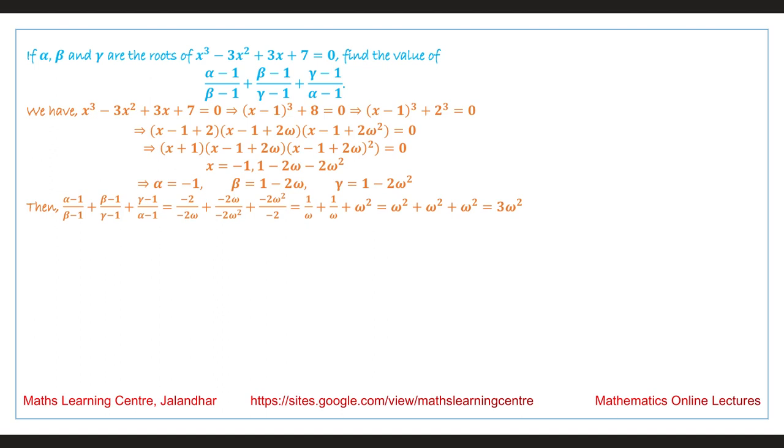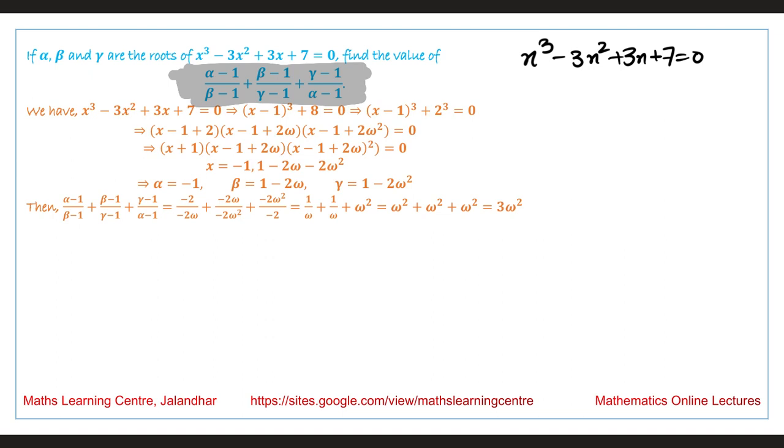Next, if alpha, beta and gamma are the roots of this equation, we have to find the value of (alpha minus 1) by (beta minus 1), plus (beta minus 1) by (gamma minus 1), plus (gamma minus 1) by (alpha minus 1). If we try to solve this equation, we have x cube minus 3x square plus 3x plus 7 equal to 0.